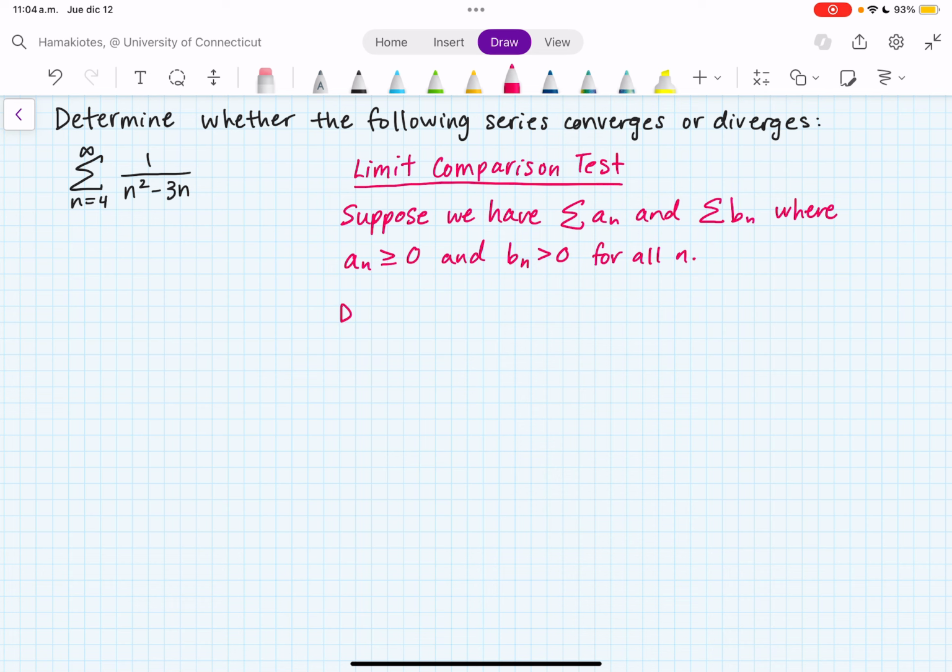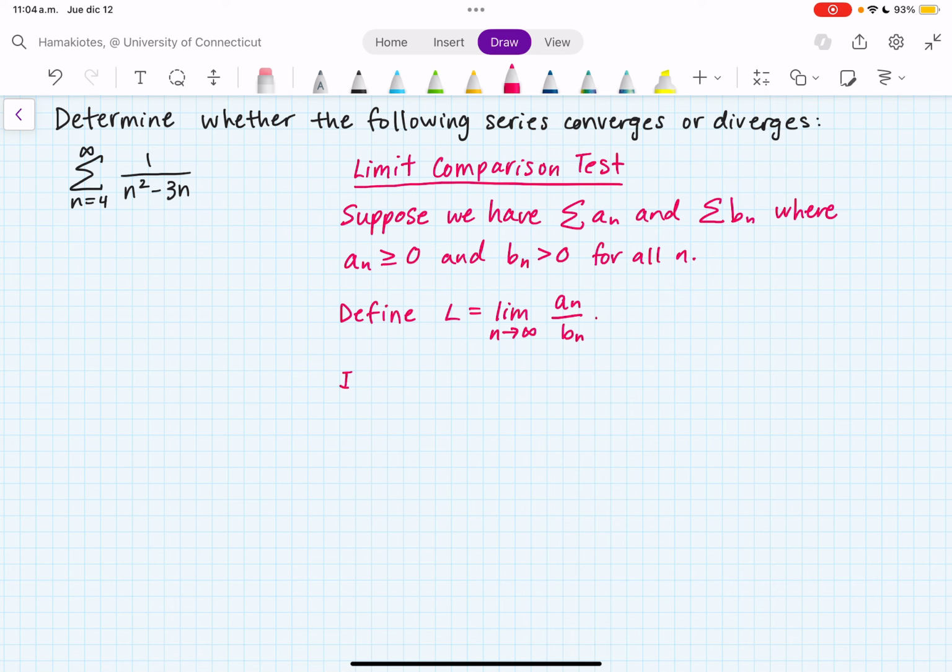Now let's define the limit L. So L is going to be the limit as n approaches infinity of an over bn.